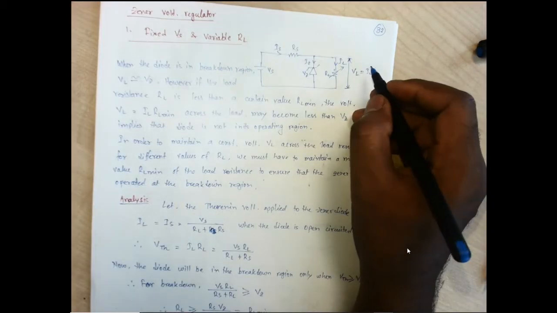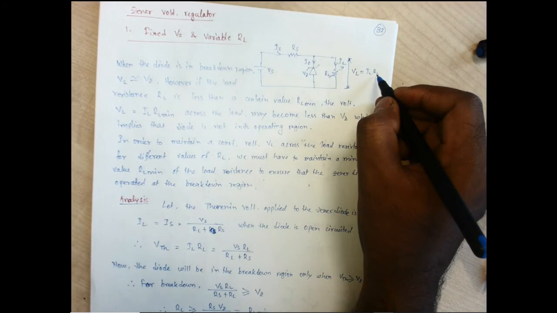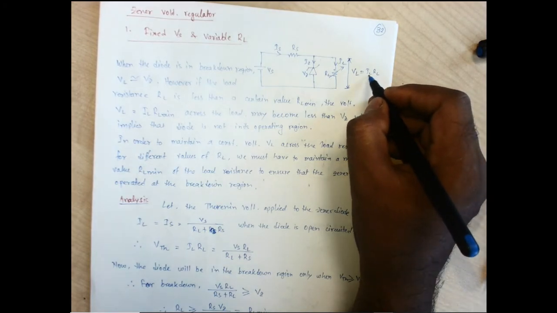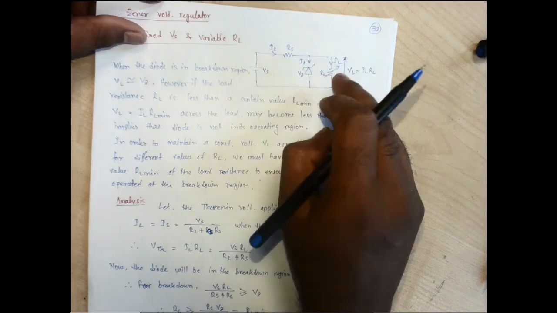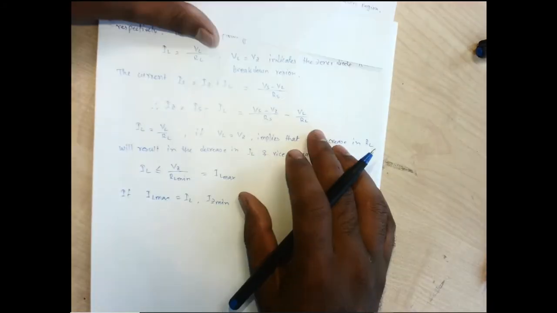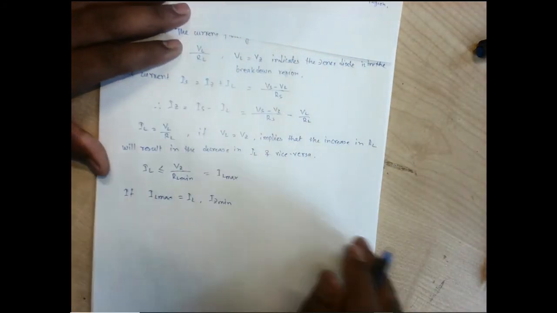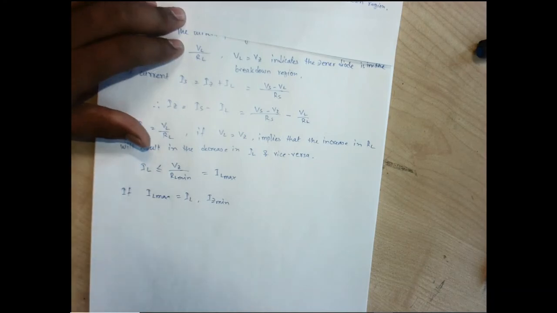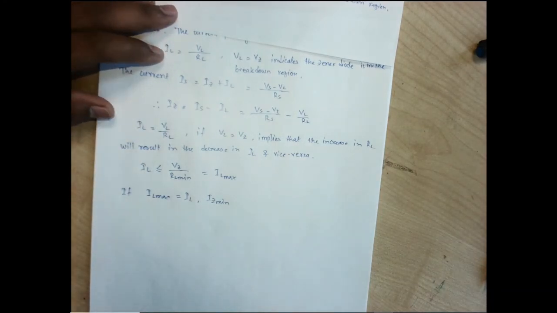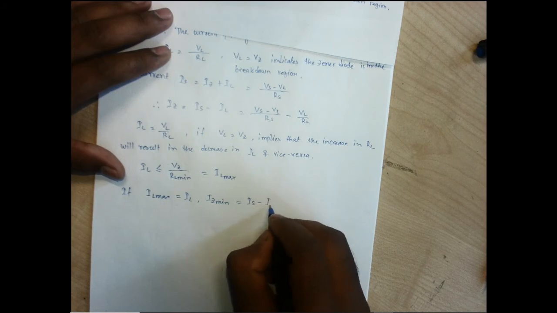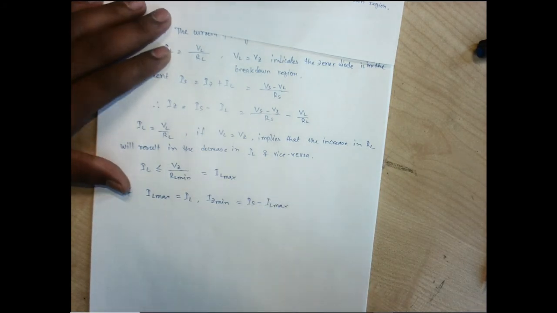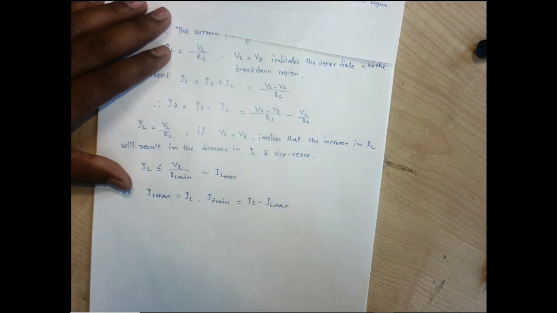So if RL is decreased, obviously IL will increase, and to keep IS fixed, our IZ must decrease. That is IZ min. If IL becomes IL max, our IZ will be the minimum, that is IS minus IL max, which represents the minimum Zener current at the onset of the breakdown region.